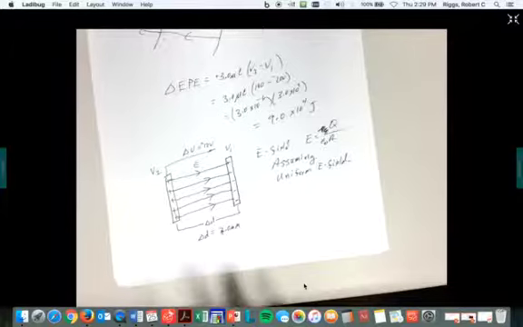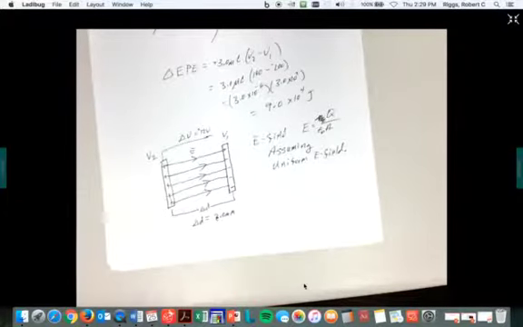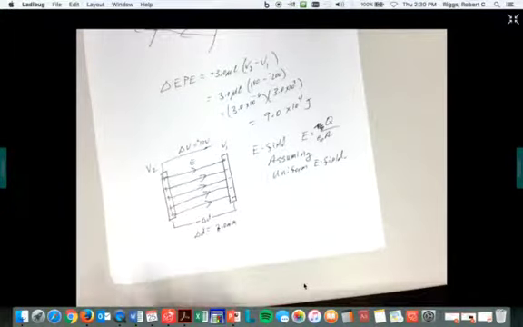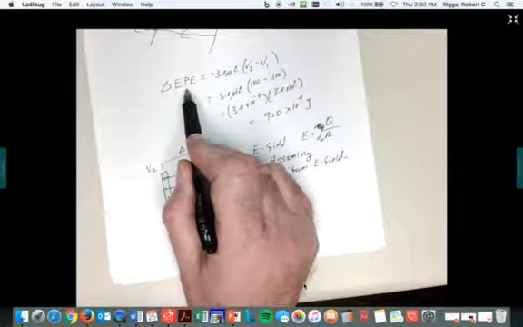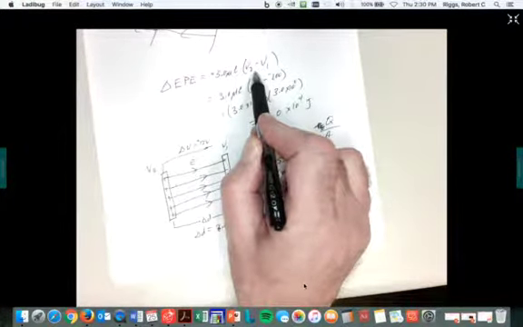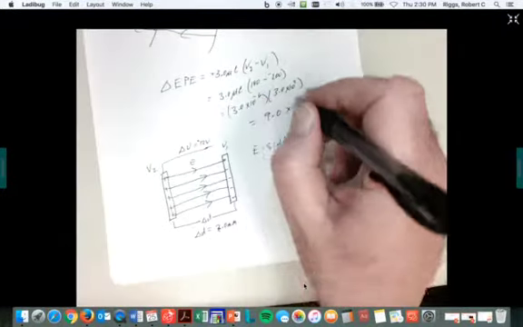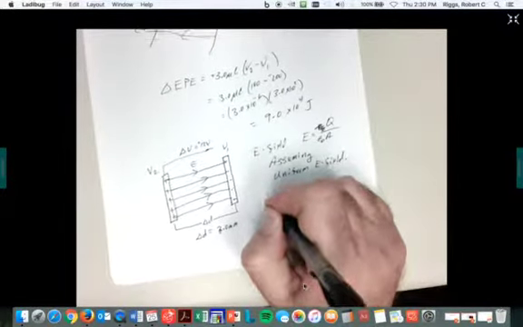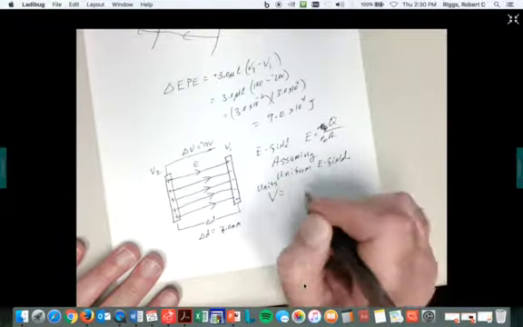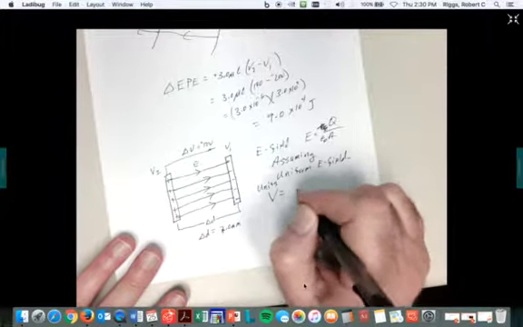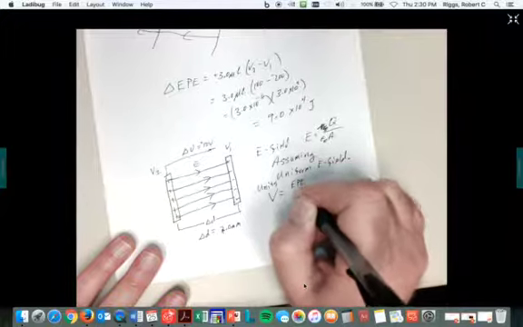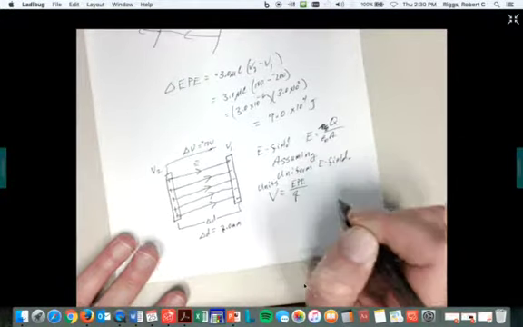Now there are two ways to express voltage. One we've already done, and you may not understand it yet, but we've got joules, we've got coulombs, and we've got electric potential, or voltage. Here's the way physicists think of it: it's the electric potential energy, the joules, divided by the charge.